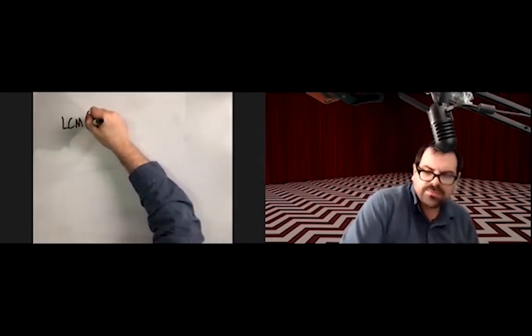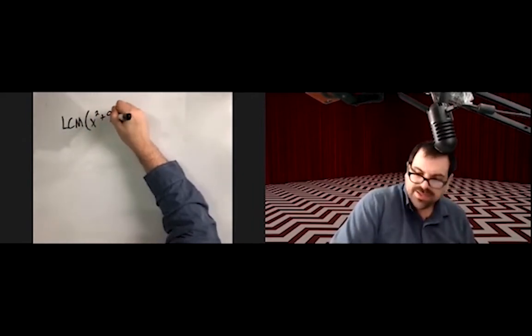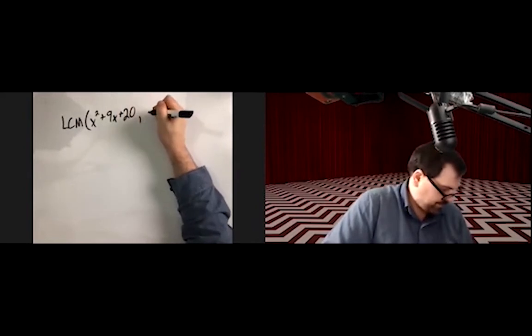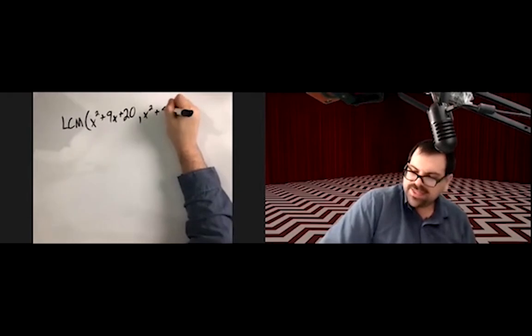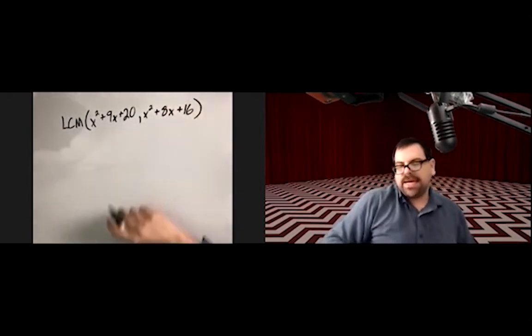The least common multiple of x squared plus 9x plus 20 and x squared plus 8x plus 16.